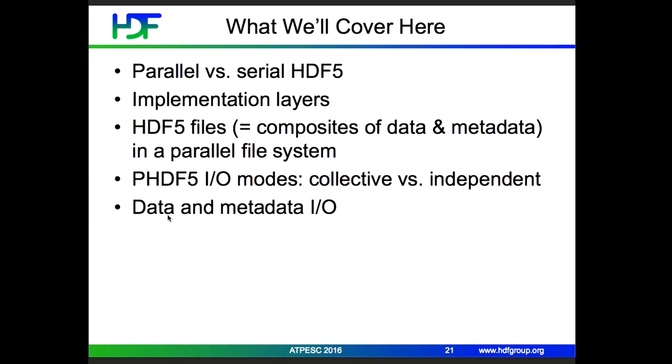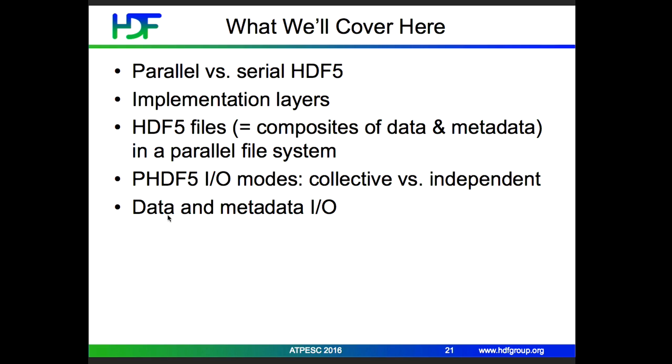What we will cover here is a way to define parallel HDF5 by comparing it with how you would use it sequentially. We'll talk a little bit about the implementation layers, and how an HDF5 file actually appears to a parallel file system like Lustre or GPFS. Then, you've heard a lot about collective and independent I/O already, so we'll cover that from the HDF perspective.